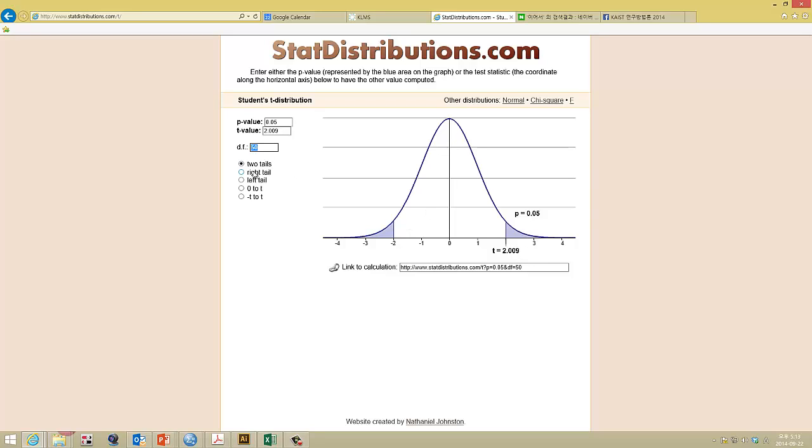And if I see the left tail or right tail, then the absolute value suddenly decreases because in the right tail situation, we only can consider the right side. So therefore, the threshold of a t-value is decreased from 2.1009 to 1.676.